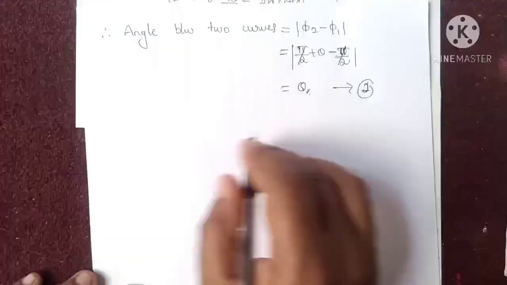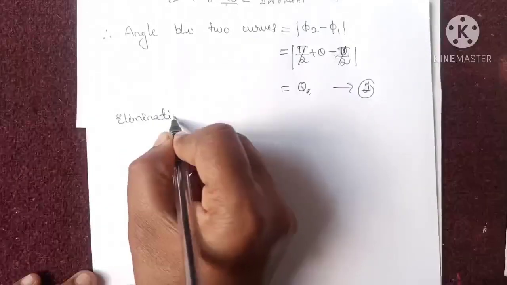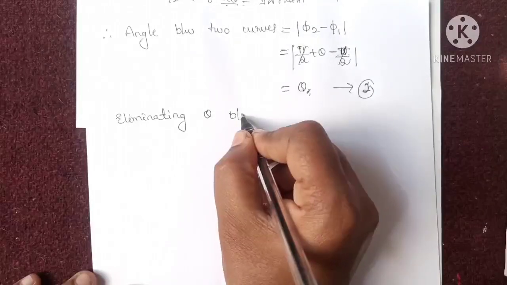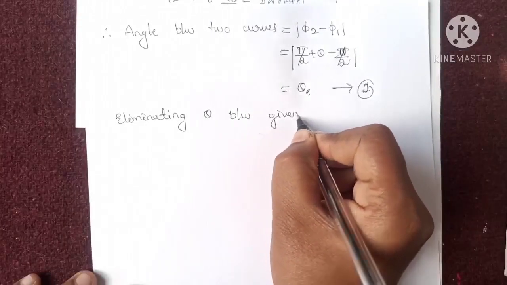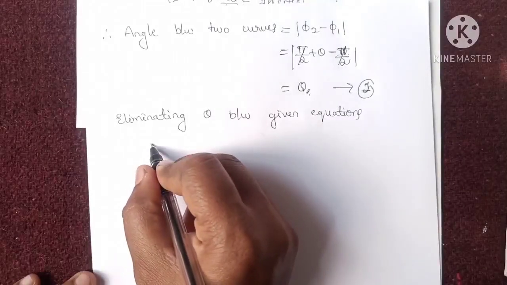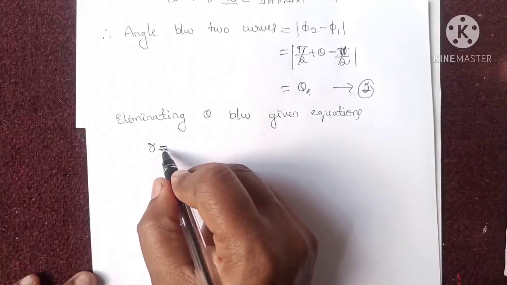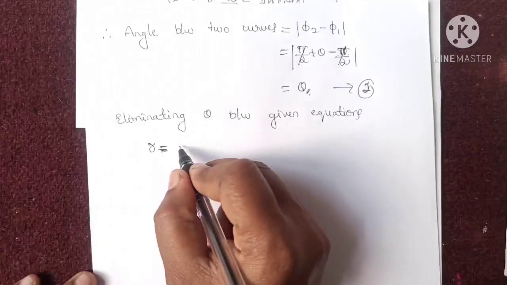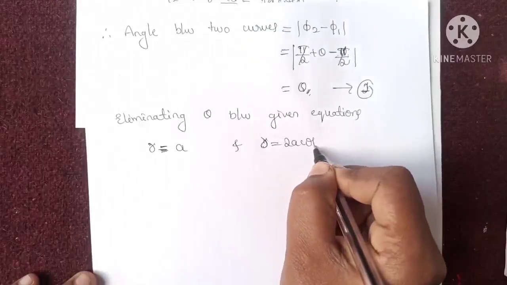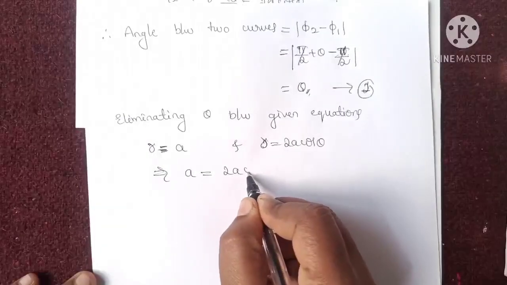Eliminating theta between the given equations, the first curve is r equals a and the second is r equals 2a cos theta. So equating r, we get a equals 2a cos theta.